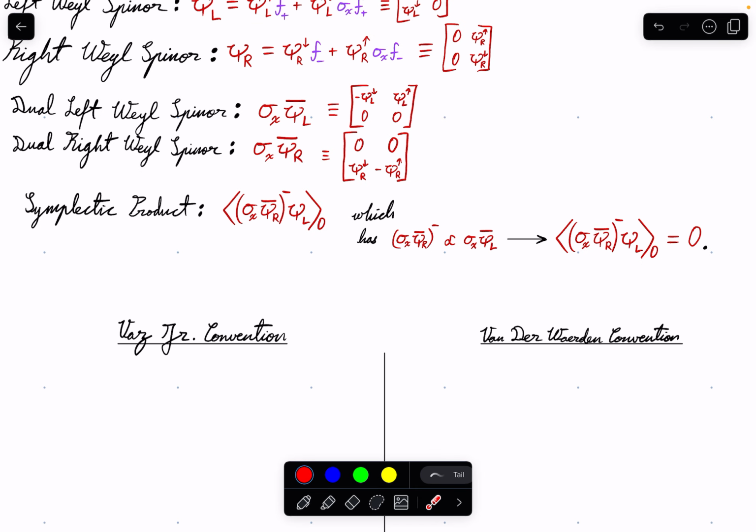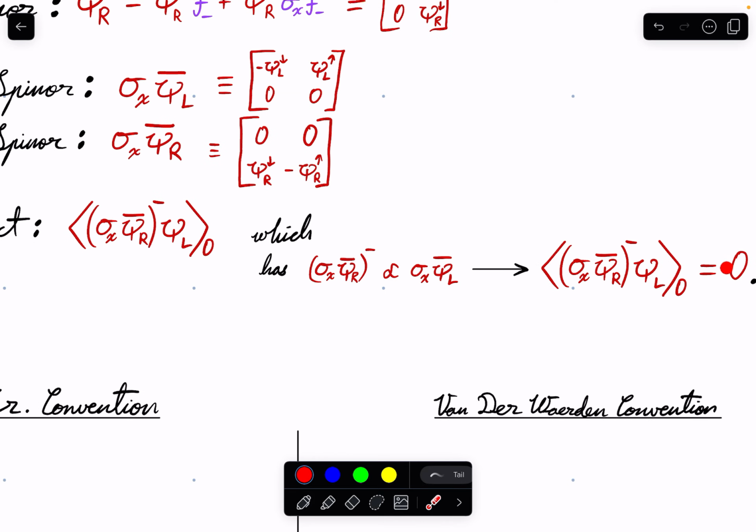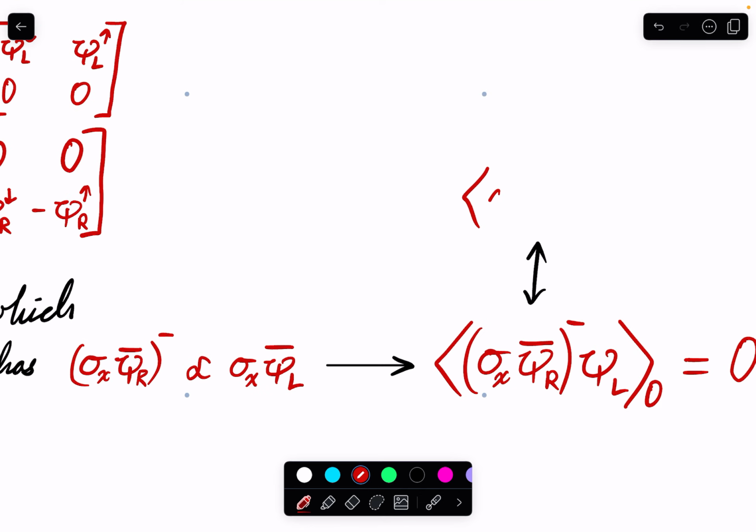So if the right spinner, when transformed into a left spinner, ends up being proportional, up to a real constant, to a left spinner, then the product goes to 0, which is the same thing as saying that when you compare a spinner with its own dual, you get 0.